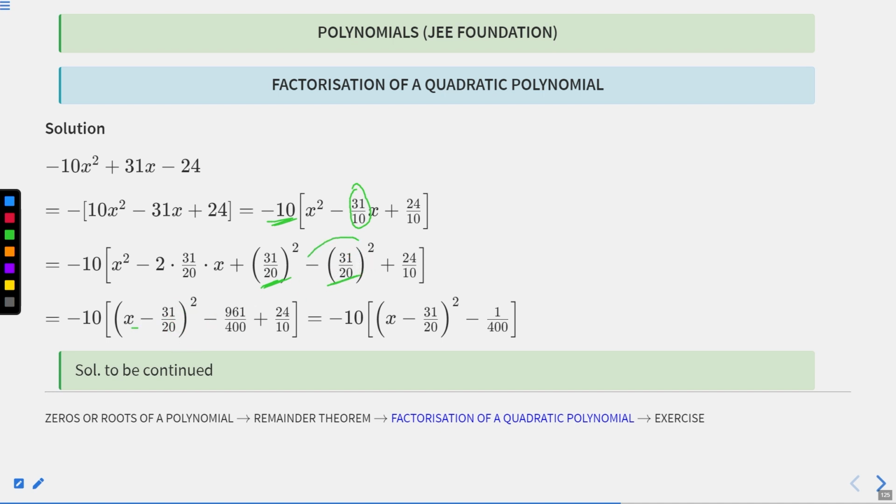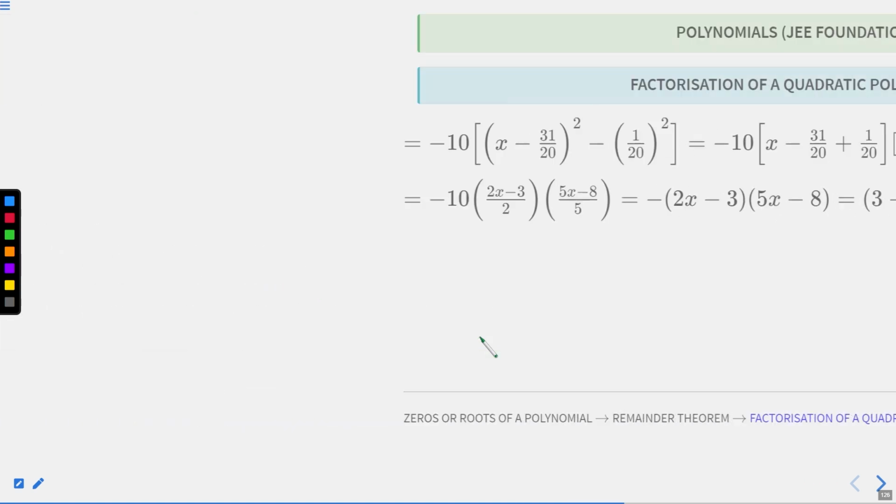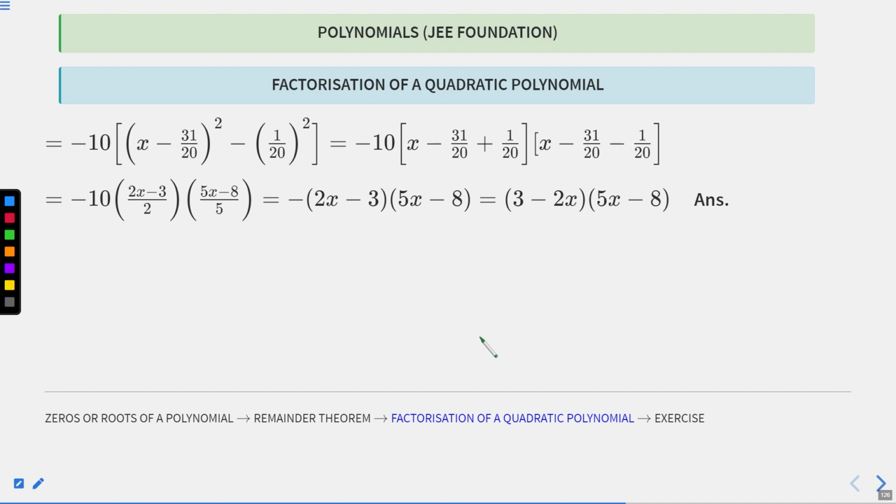The remaining terms, just solve it, we will get this, and we know 1 by 20 whole square is equal to 1 by 400, and then apply a square minus b square over here. I hope this is clear, and you can do this by yourself. So my final answer would look like this.